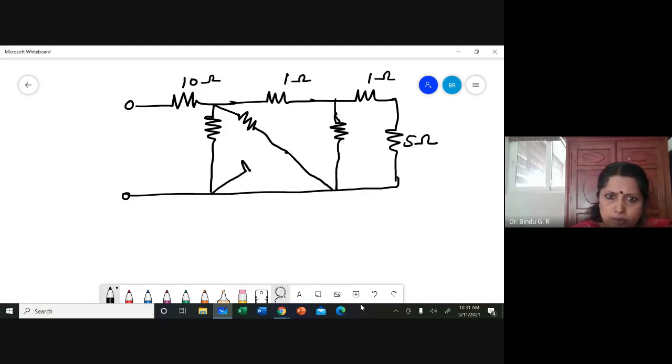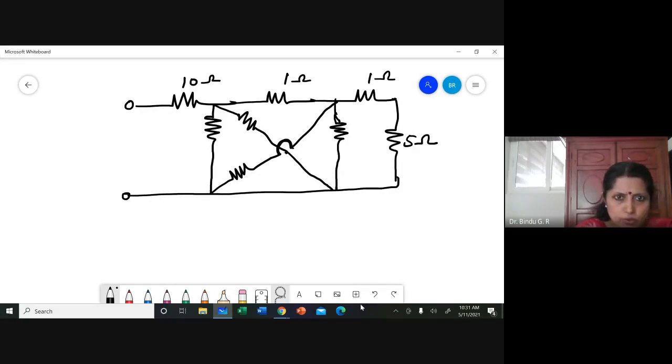And then you have another resistance like this. It doesn't connect here. That is why I have shown this jumping. It doesn't connect to the other resistance. Okay.